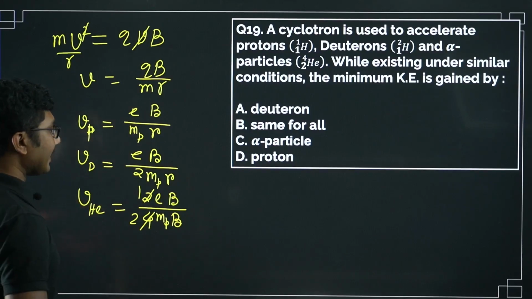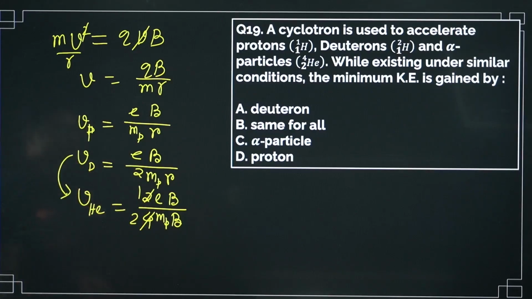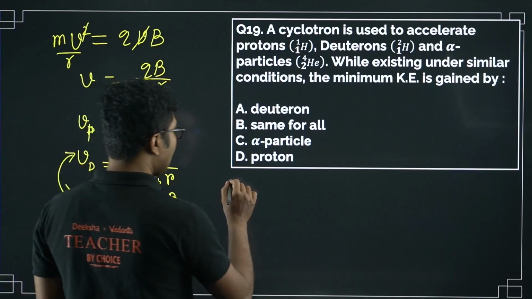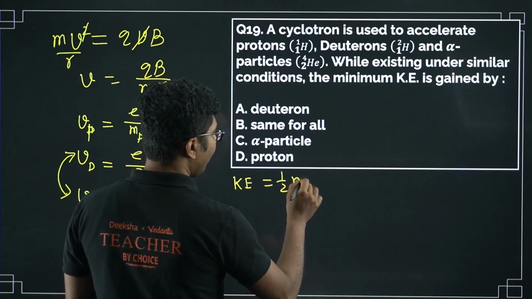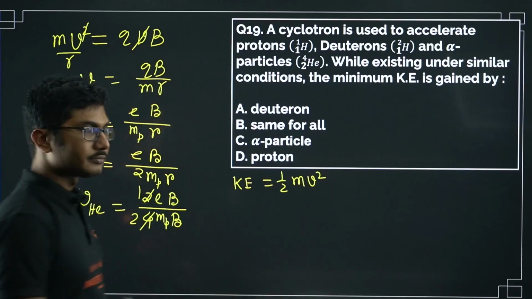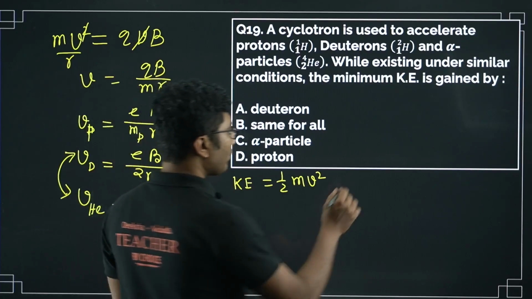So as you can see, now what is the kinetic energy? This is not done yet. As you can see, the velocity of deuteron and helium are the same, but what about the kinetic energy? Kinetic energy is basically half mv square. What is the kinetic energy of proton?